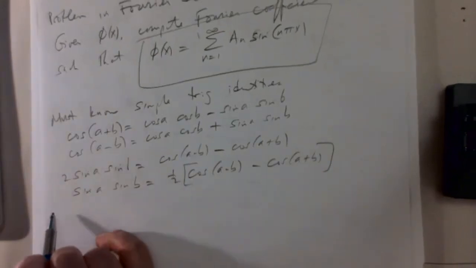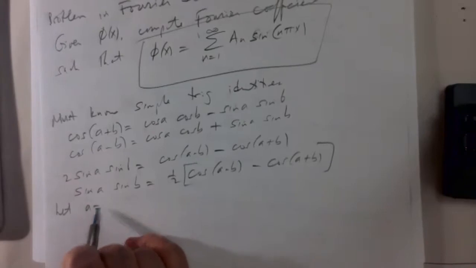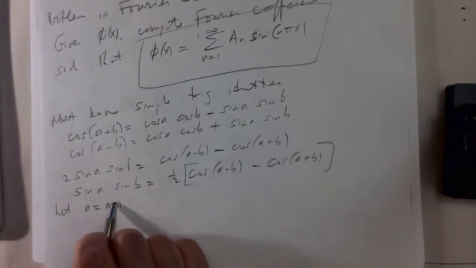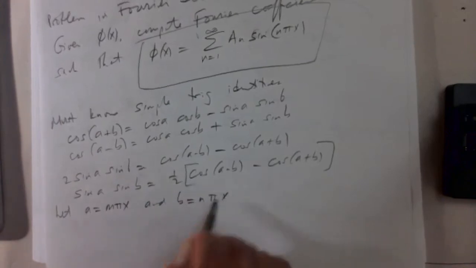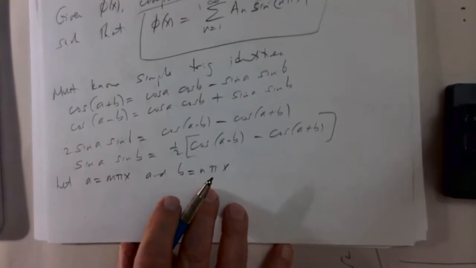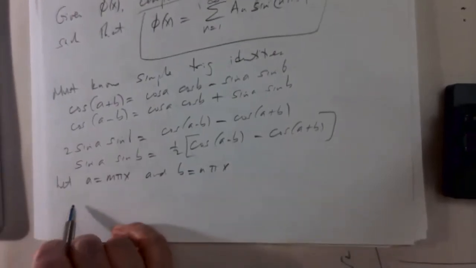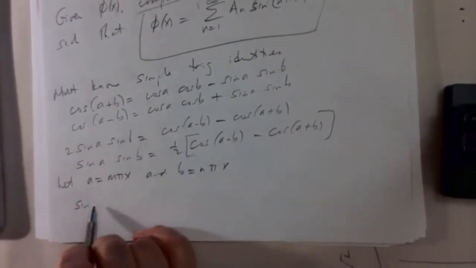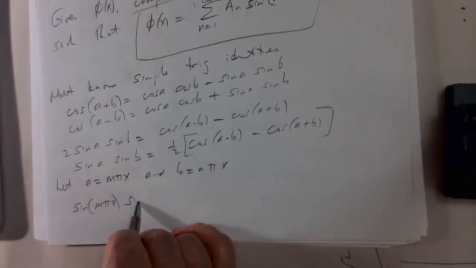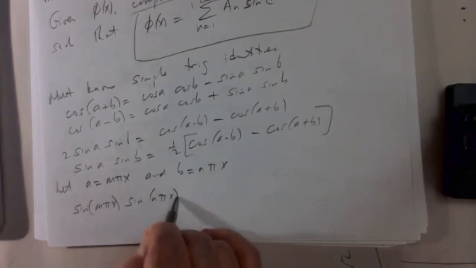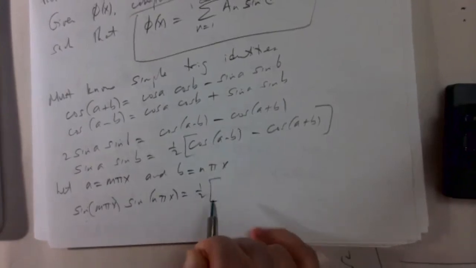Well, suppose we let a equal m pi x and b equal n pi x. So what we get is that the sine of m pi x times the sine of n pi x is 1/2.